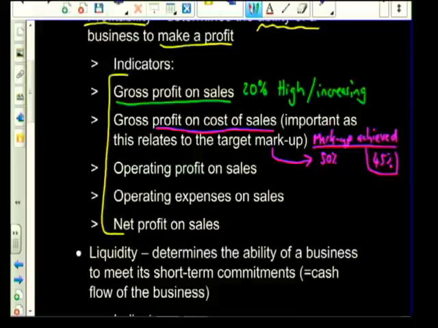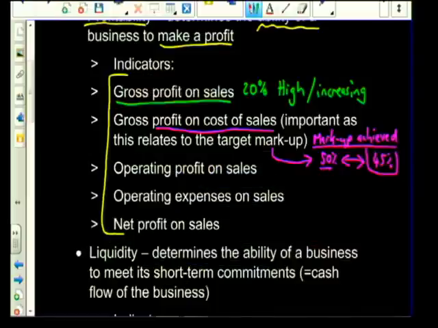What we do is we compare this ratio to our target markup, and we comment and say, have we achieved the markup or have we not achieved the markup? So in this example, if we have a target markup of 50% and the markup that we've achieved is only 45%, our conclusion will be that we did not achieve the target markup.